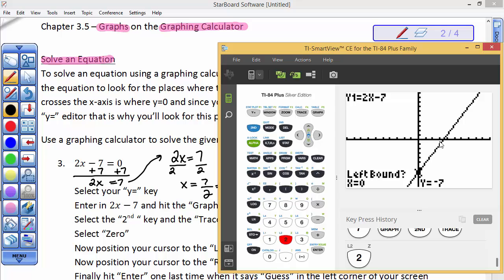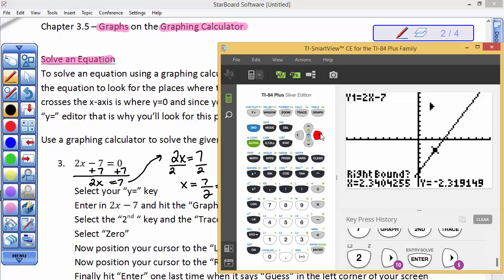So my cursor is actually sitting to the left, but I'm going to go ahead and move it just a little so you can more easily see it. And it's still sitting to the left of that point, and I'm going to fix it by hitting enter right now. Then I'm going to cross over the x-axis a little ways, and it wants a right boundary, so this is to the right of that point, and I'm going to hit enter.